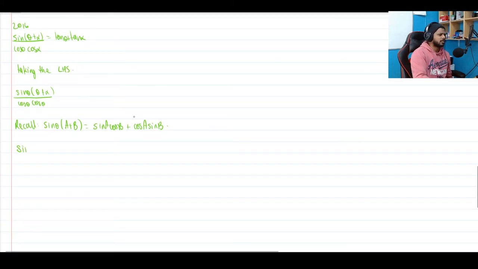So I have sine theta plus alpha over cosine theta cosine alpha, which is equal to sine theta cosine alpha plus cos theta sine alpha, all over cos theta cos alpha.